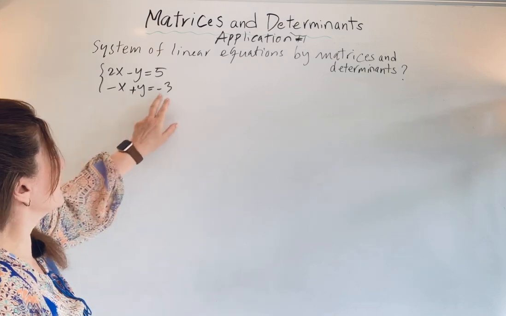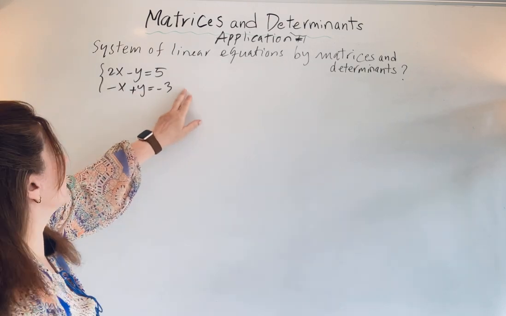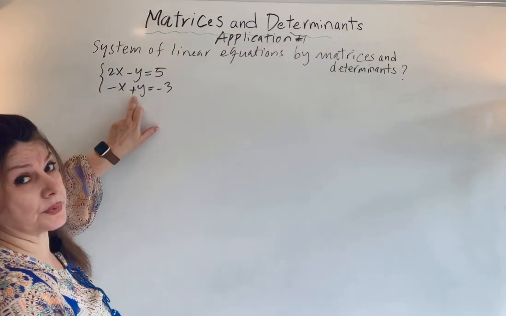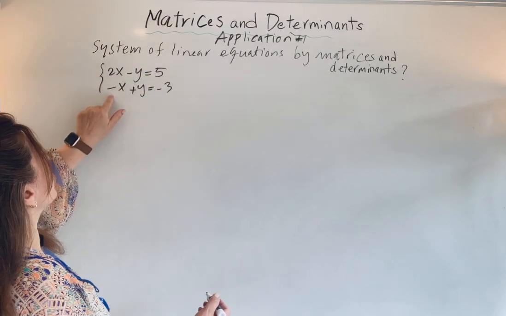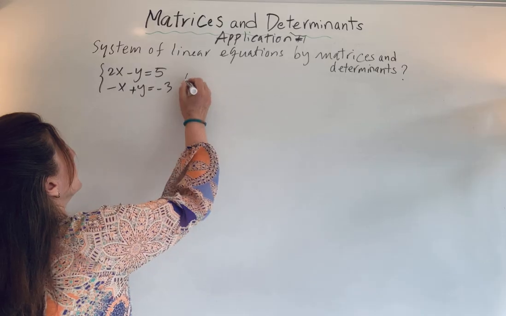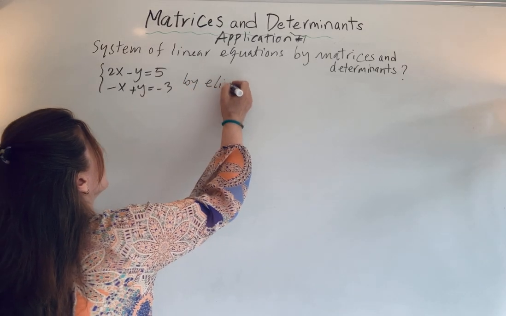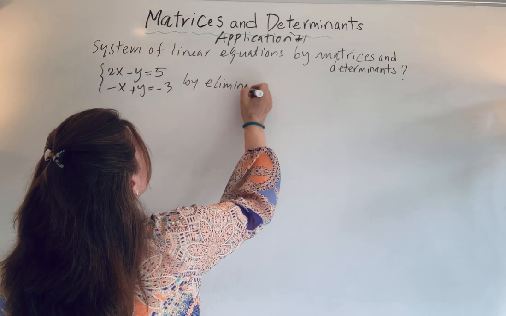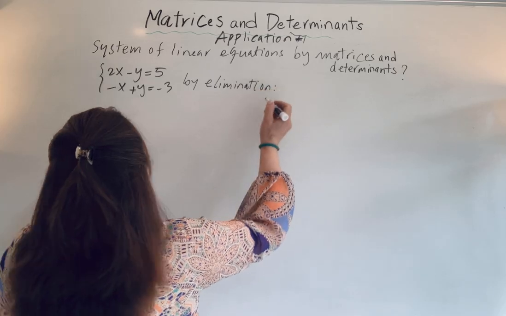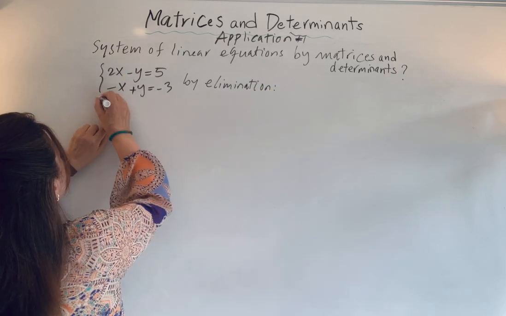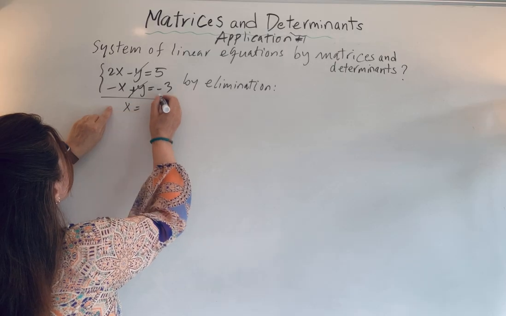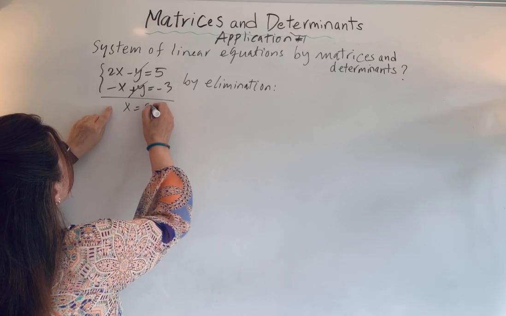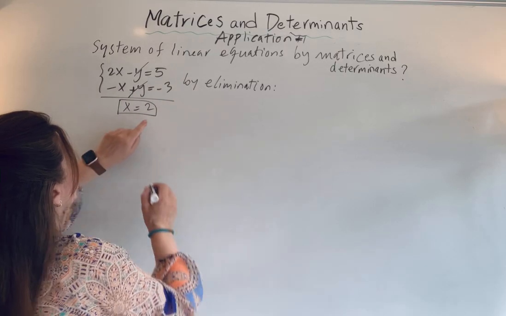Very simple. We could solve this before because of the negative 1 plus 1. We could simplify and get x, for example, by elimination. We could eliminate the y terms and say that x equals 2.